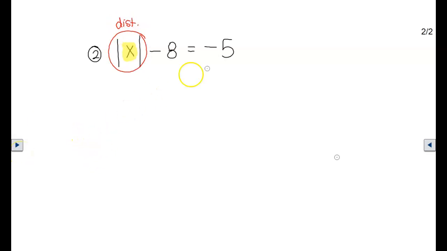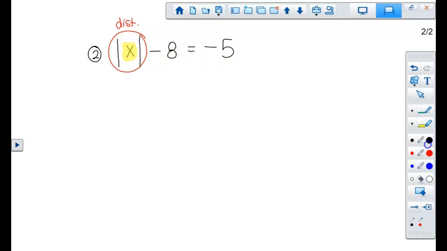So is the distance negative 5? No. This says that the distance minus 8 is negative 5. So I have stuff hanging around outside my absolute value bars. So before I can solve this, I have to isolate this absolute value expression. I want it to be alone.